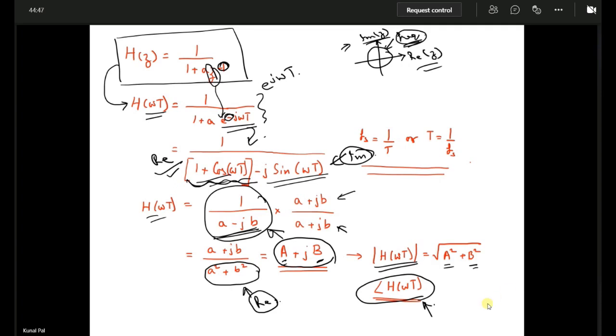The main thing here is that you look at the process of how you can get the amplitude response and the phase response.